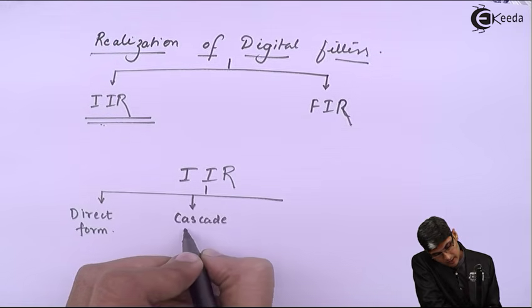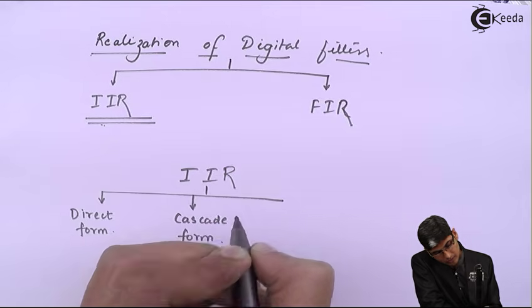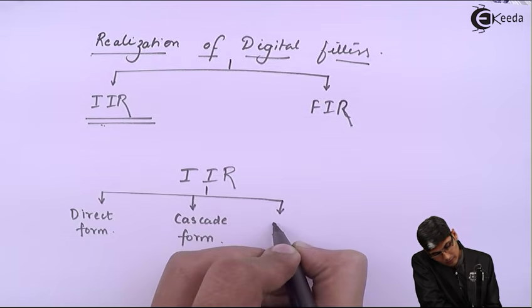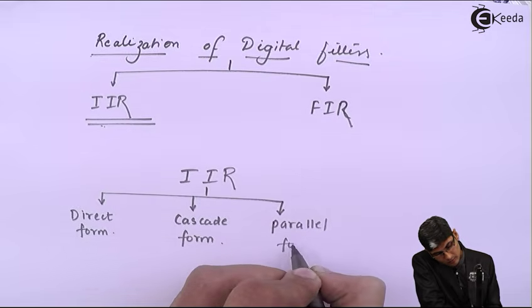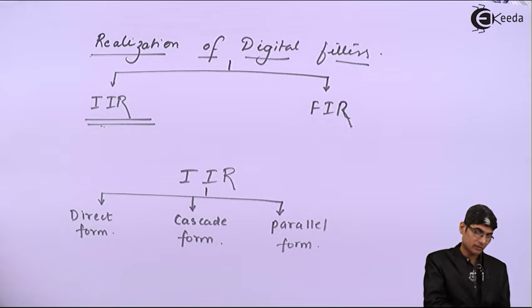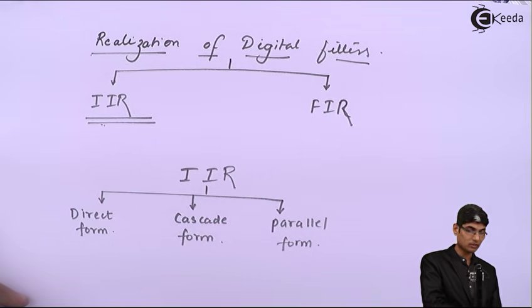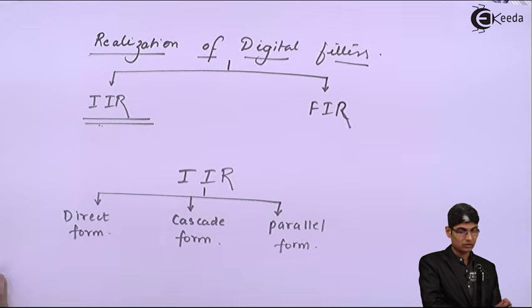Okay, we call it the cascade form of structures. And lastly, we have the parallel form of structures. So we have direct form structures, cascade form structures and parallel form structures of IIR filters. So in basic, we will have three types of realization in IIR filter.